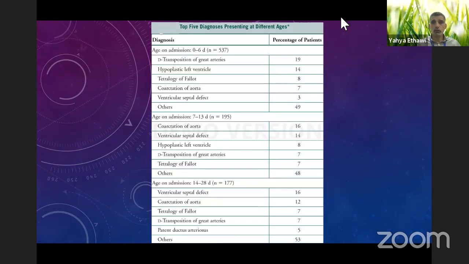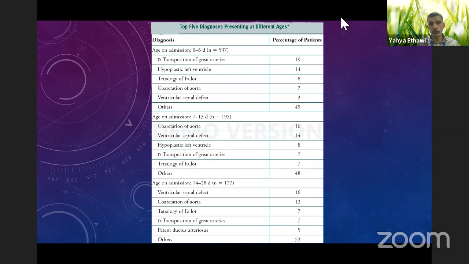So here is more about the percentages of different cardiac lesions. I'm not going to go through all of it, but you can see that the incidence varies, and it depends on when the baby was assessed.